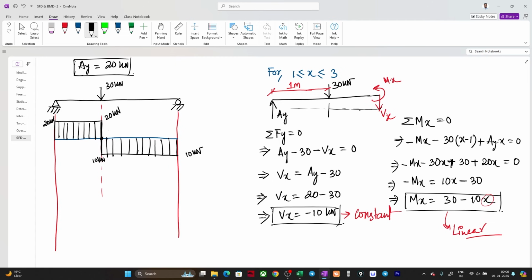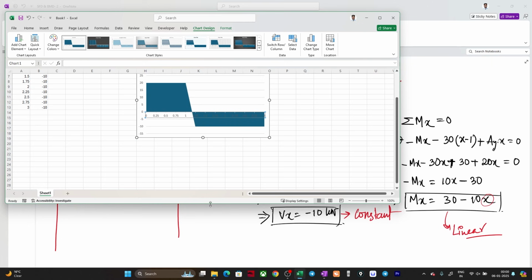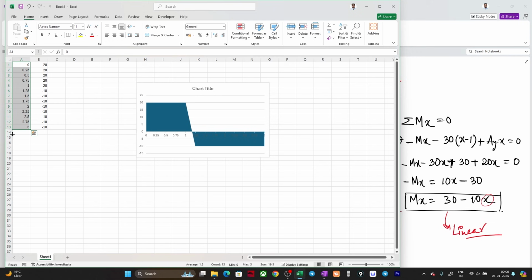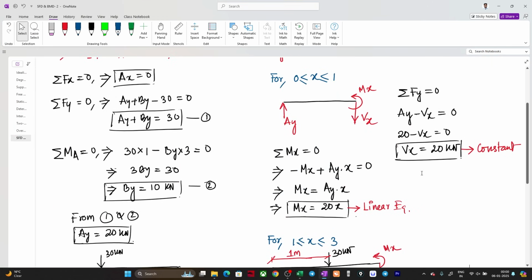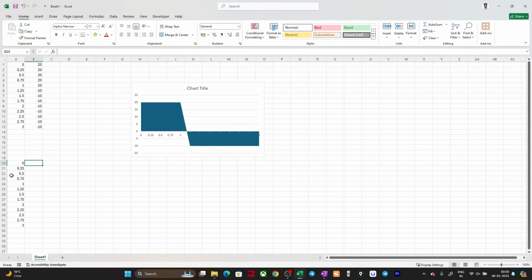Correct? Okay. Now, if we draw the bending moment diagram, again I'll take this and paste it here. For the bending moment diagram, what is the formula? Up to 1 meter it is 20x, so I will make it equal to 20 multiplied by x.